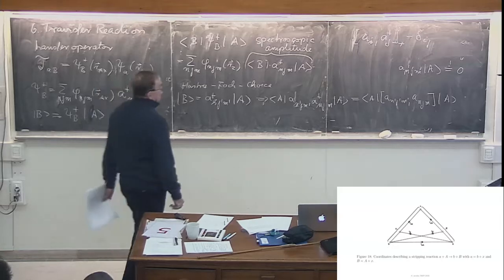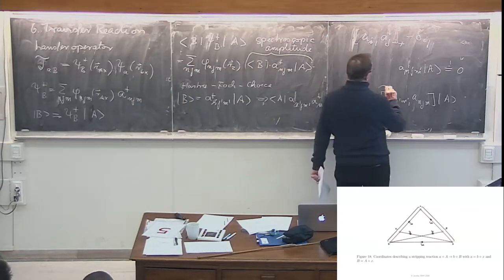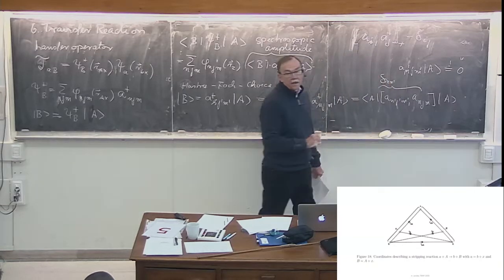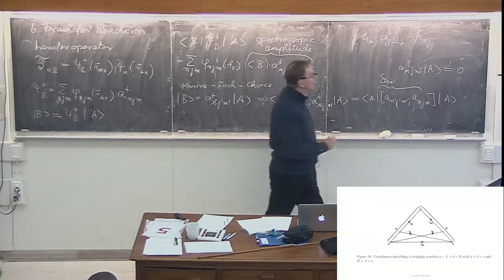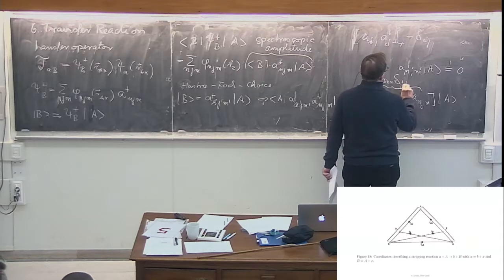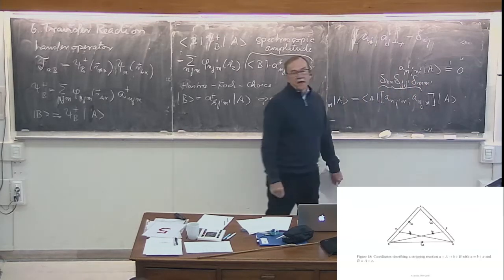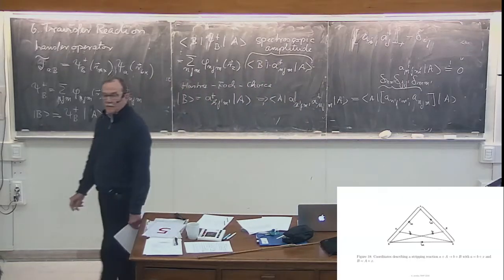And this one here, as you see immediately, gives delta nn prime, so diagonal in the energy state. And it's also diagonal in the angular momentum and the projection of the angular momentum.